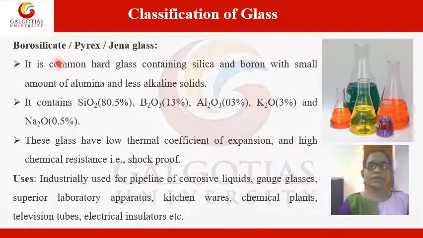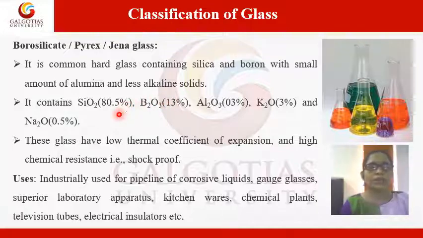Let us discuss another important glass which you are mainly familiar with in laboratories, that is borosilicate glass. It is also known as Pyrex or Jena glass. It is a common hard glass, contains silica and boron with a small amount of alumina and also fewer alkaline solids. So what is the composition of this borosilicate glass?